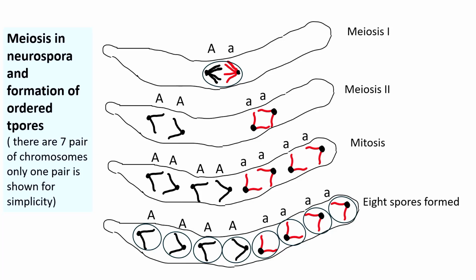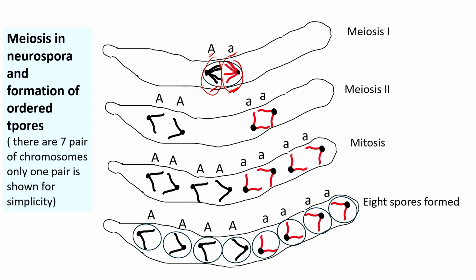In Neurospora there are total 7 pairs of chromosomes, and for simplicity's sake I am showing only one set here. So you see this is one homologous chromosome, here is another, and you have 2 sister chromatids each. One is carrying a dominant A gene and another has a recessive a gene.